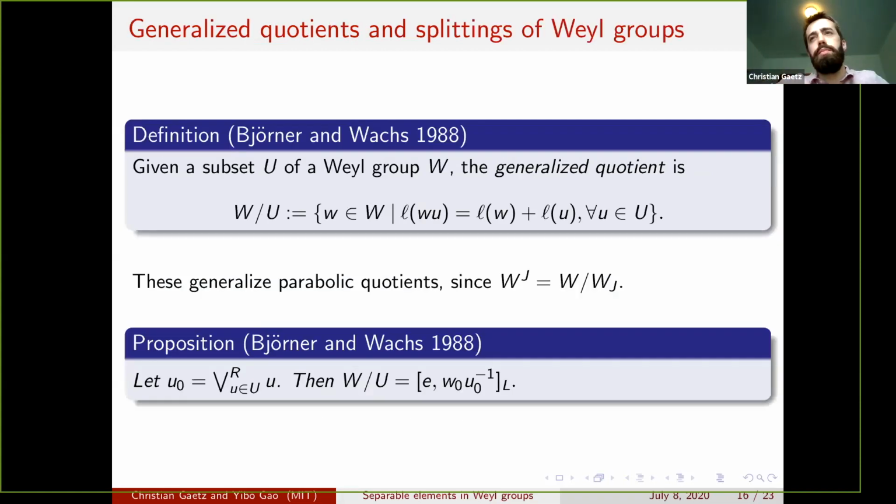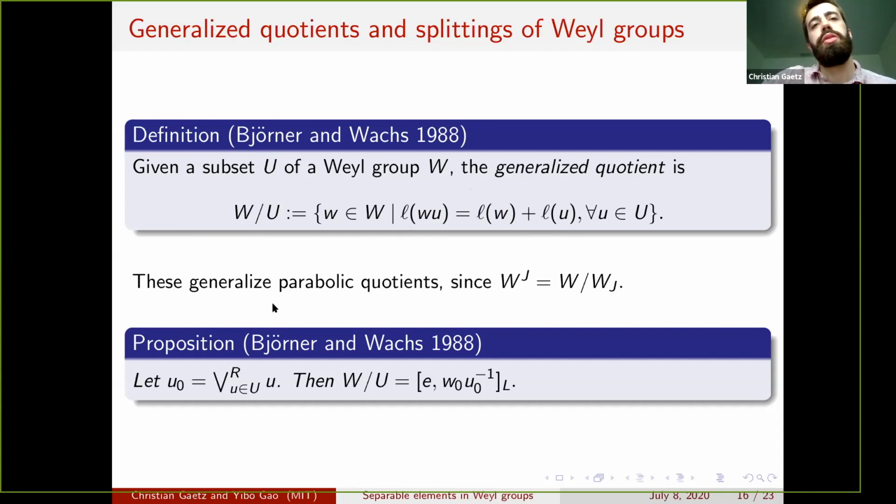Okay, so now to the second part of the talk, where we apply what we know about separable elements to understand what are called generalized quotients. Generalized quotients of Coxeter groups were introduced by Bjorner and Wax in 1988, and they're a generalization of parabolic quotients. If U is any subset of a Weyl group, the generalized quotient consists of all those elements which, when I multiply them with any element of U, the lengths add.